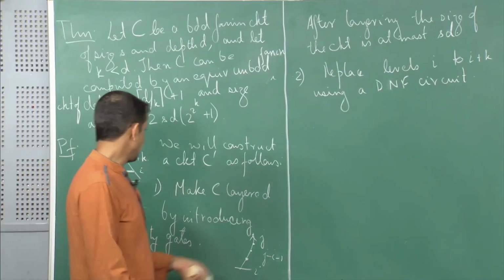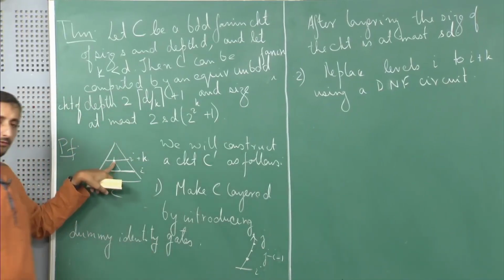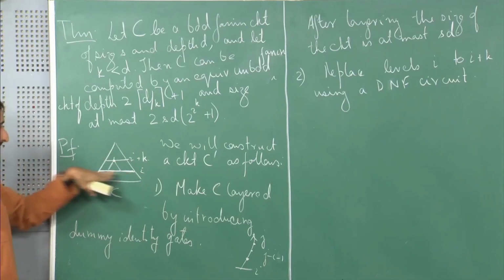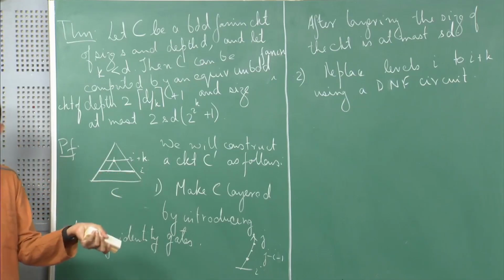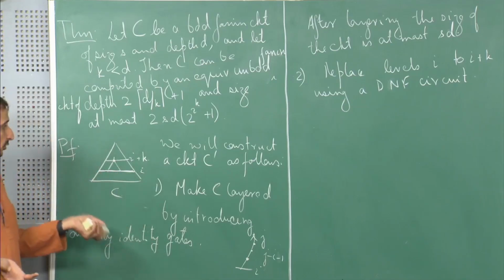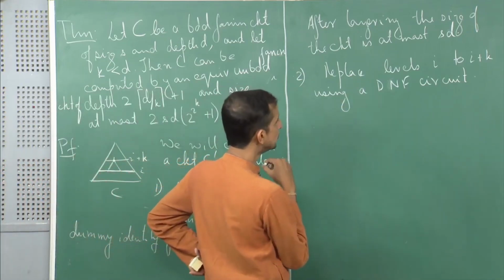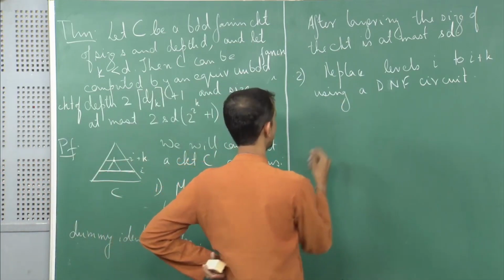So, essentially I take a gate over here, okay, and as I said I will look at all the gates in level i, and I can basically replace it with a DNF circuit. Okay. So, I can think of it as a truth table. So, okay, how many inputs will it depend on?